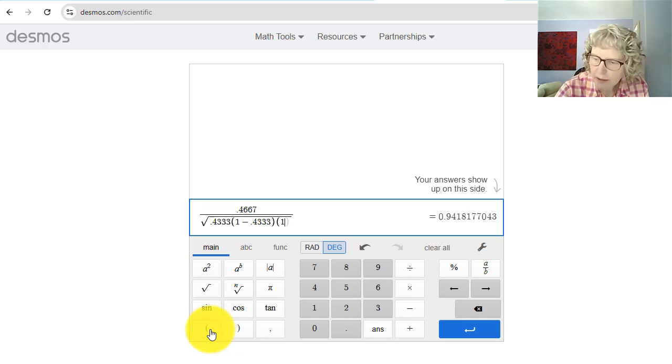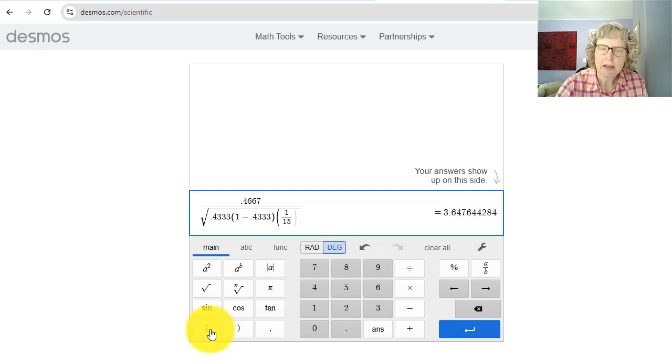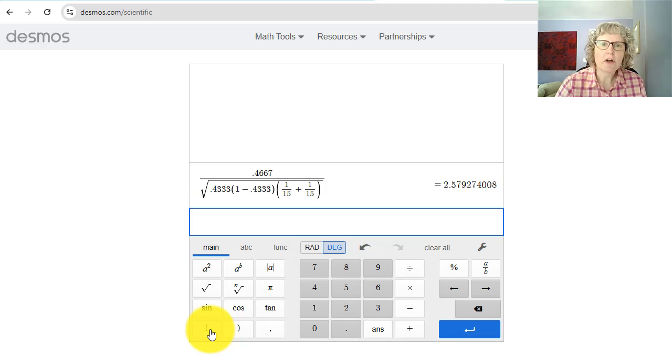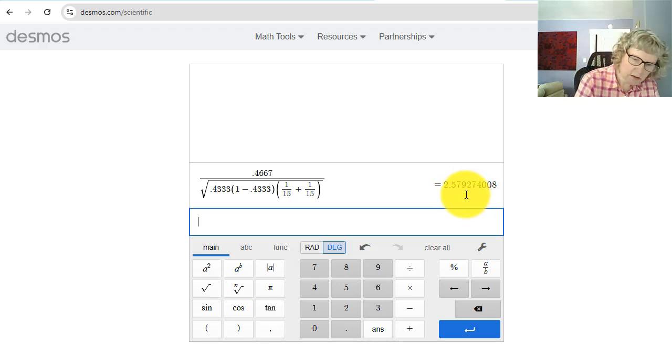I'm always checking that. 1 over 15, I need to hit the right arrow to get out of the denominator of the fraction, plus 1 divided by 15. And I can close that end one or not, it'll do it for me, which is really nice. Okay, so make sure your calculation looks like that, and I'm getting 2.5793, it looks like, to round.